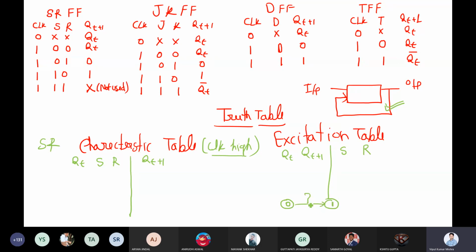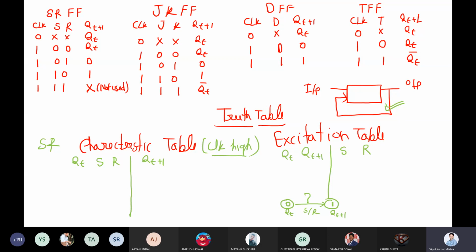Now we have to figure out what the input should be so that your previous state Qt, which was 0, becomes Qt plus 1, which is 1. So you need to figure out what the S and R values should be. Suppose you are looking for this S and R value.